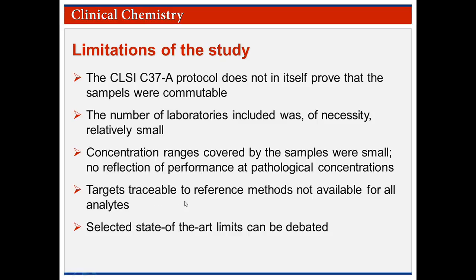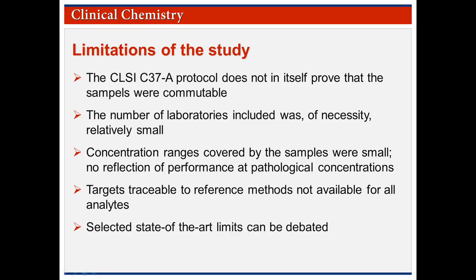Target values that were traceable to reference methods were not available for all the analytes. They assumed commutability of their samples, but they say there's no better alternative than the C37 CLSI protocol to collect large samples.